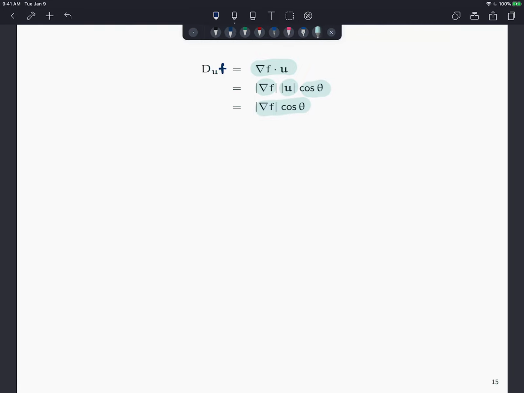So the question here is, when is this maximum? Well, the u disappeared, but the u is there, and the u gives you a direction. It's not disappearing because the direction of u is embedded in the angle.